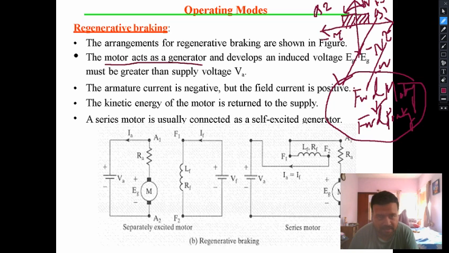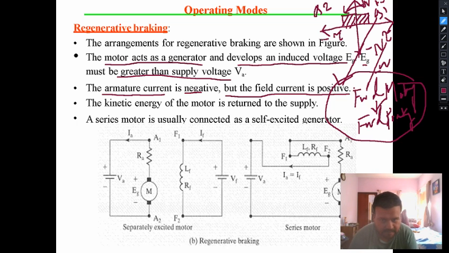The motor acts as a generator and develops an induced voltage Eg. During braking, Eg must be greater than the supply voltage Va. These are the salient features. The armature current is negative, but the field current is positive. The kinetic energy of the motor is returned back to the supply. A series motor is usually connected as a self-excited generator.